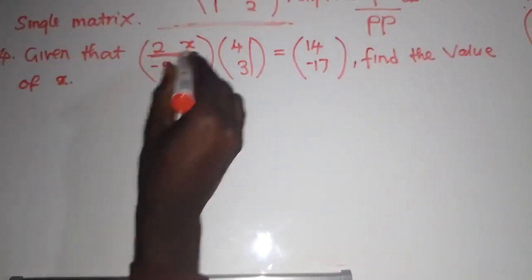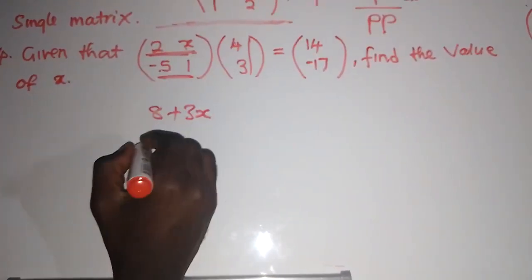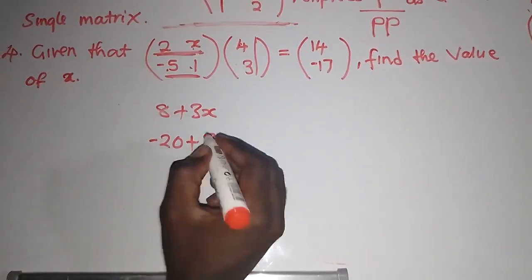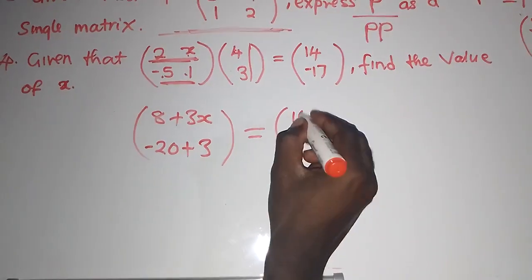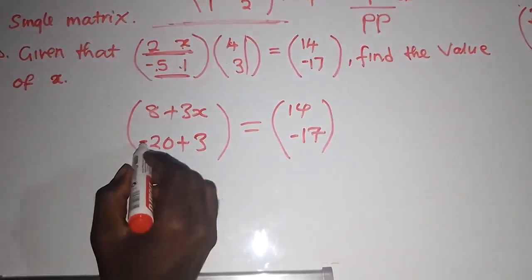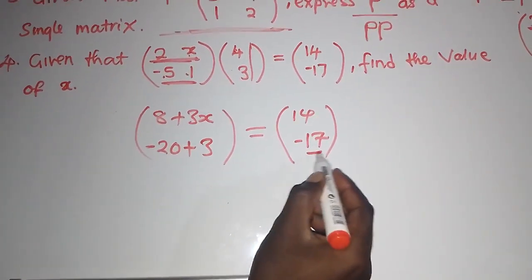I'm done on top. I go down. Negative 5 times 4, negative 20. Plus 1 times 3, 3. So negative 20 plus 3, this is the answer, negative 17.